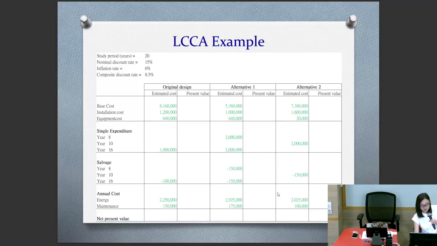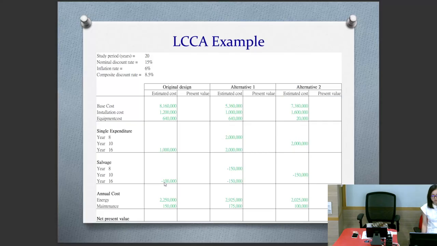In the life cycle concept, we list out all the costs that you need to pay over the whole lifetime: different kinds of cost, the initial cost, installation cost, maybe renovation cost, or disposal cost, or energy cost, and so on. All these are costs, positive. If they are negative, then they are savings or profit.